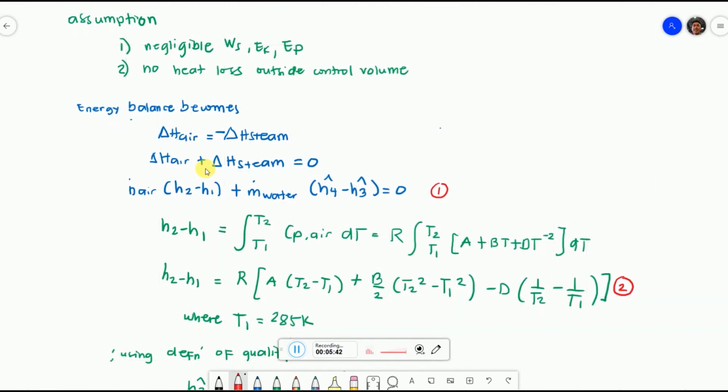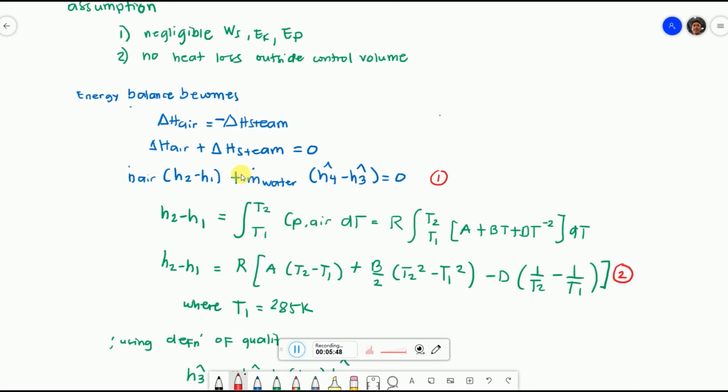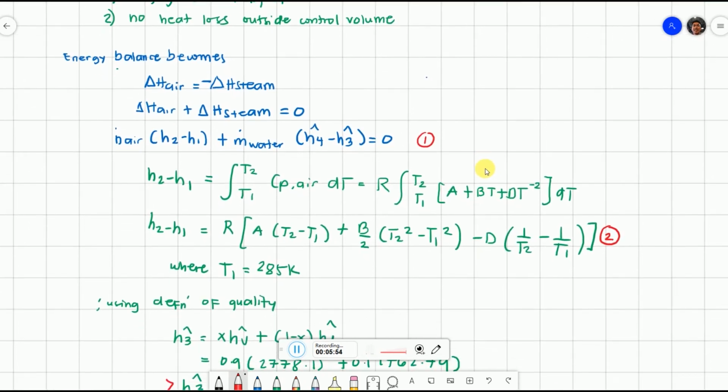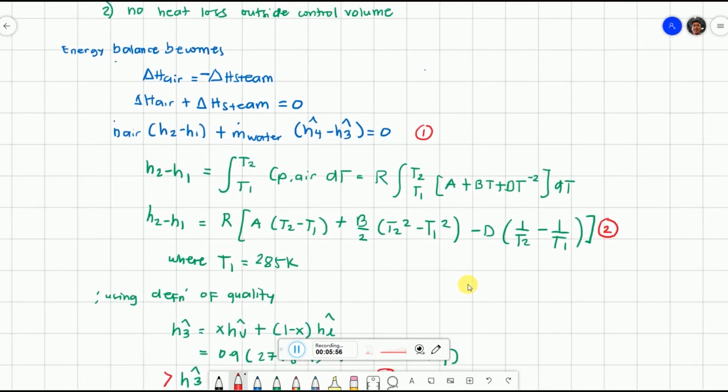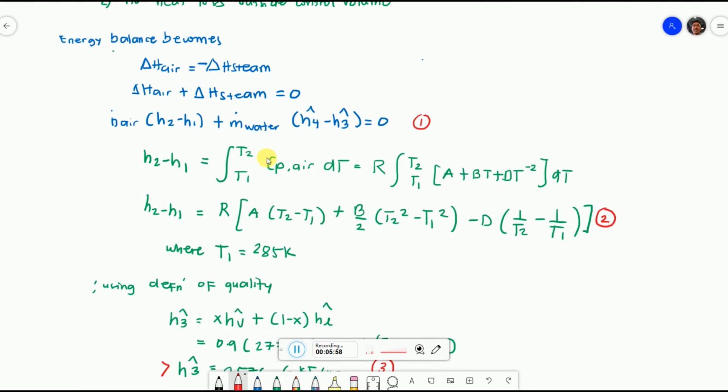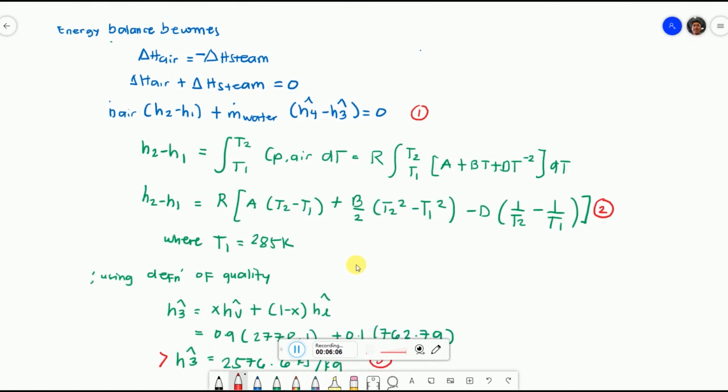So we know that the change of enthalpy of air and the change of enthalpy of steam is just equal to the difference of their outlet and inlet, shown as H2 minus H1 and H4 minus H3. To get H2 minus H1, we use the expression, the integration of Cp of air dT from T1 to T2.